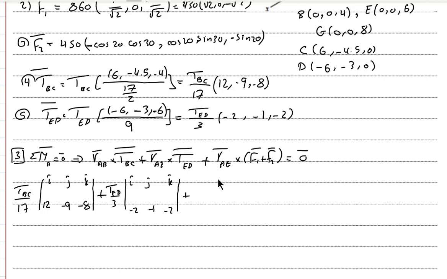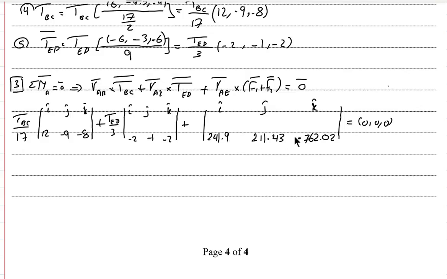And finally, the third determinant is for the resultant of the F1 and F2 vectors. It will be the moment of the resultant of F1 and F2, here IJK. This is the resultant of the two forces F1 and F2, and the result is 0, 0, 0.